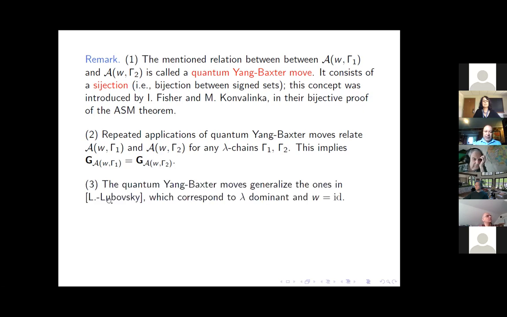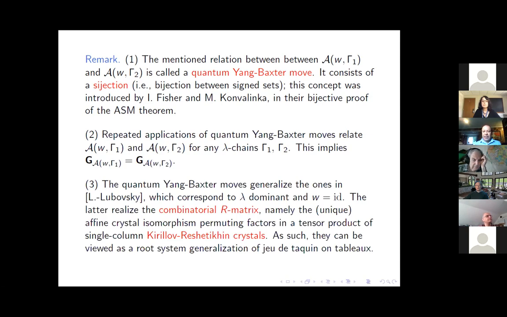And I should also say that there is a link with representation theory, because the moves here are generalizations of the ones that I gave with my student Arthur Lubovsky, corresponding to lambda dominant and W being the identity. And in that case, there is a representation theoretic interpretation for these moves. They realize the combinatorial R matrix.